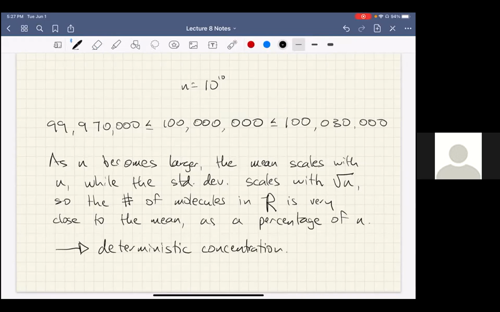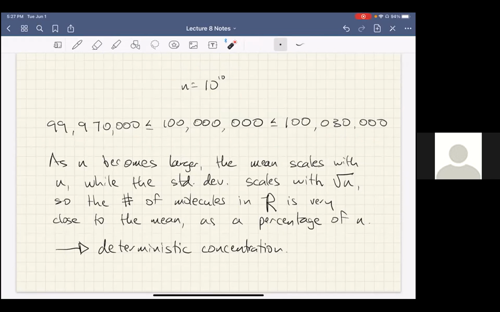In other words, that's the idea that if you measure the concentration of a chemical in a beaker at the macro scale, you're not measuring a random number. You're measuring a huge number of molecules, and the deviation from the mean will be very small. But if you are at the nanoscale or the microscale and n is quite small, then this deviation is significant, and you actually do have to take into account the randomness.